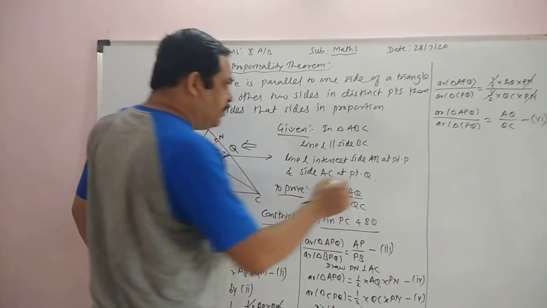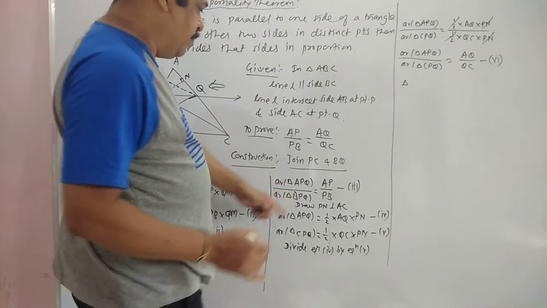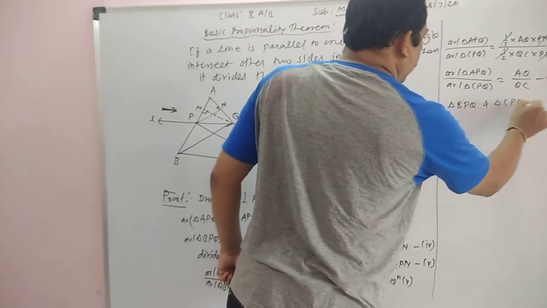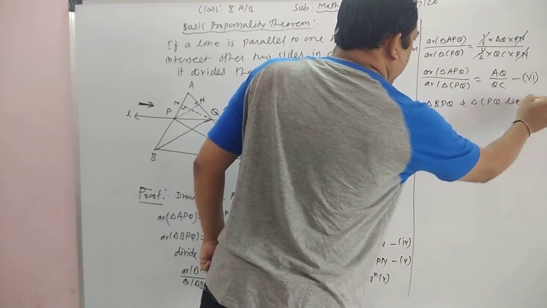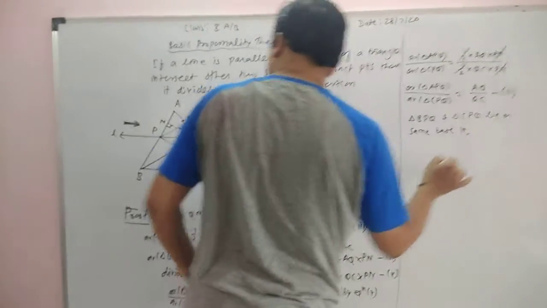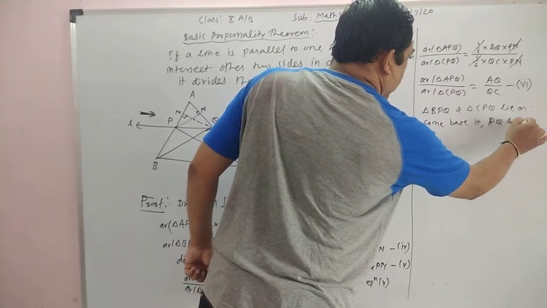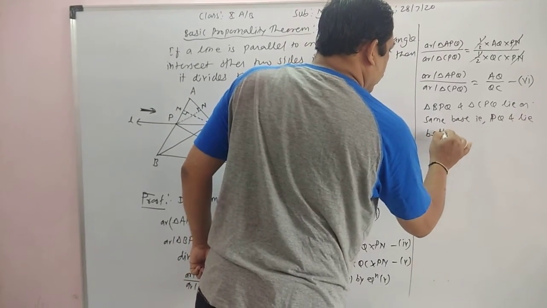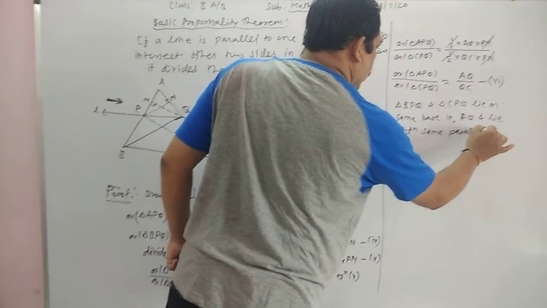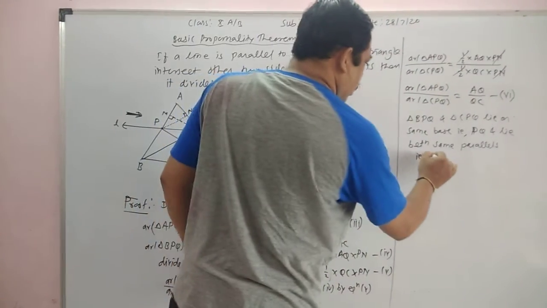Therefore, triangle BPQ and triangle CPQ lie on the same base, that is PQ, and lie between the same parallels, that is PQ and BC.